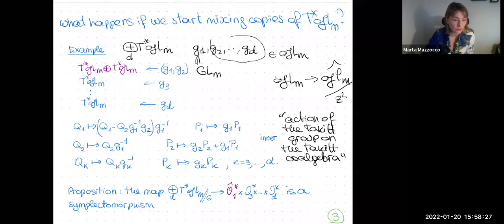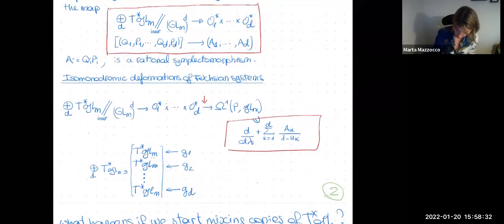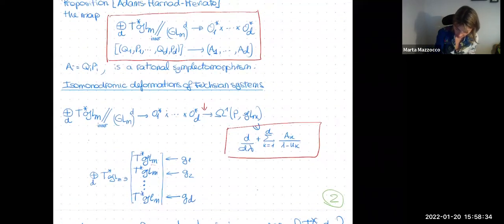If before we had this situation in which each element, G1, was acting on the first copy, G2 on the second copy, we can think of it in terms of Young tableaus, like a Young tableau with D boxes, and this is vertical.